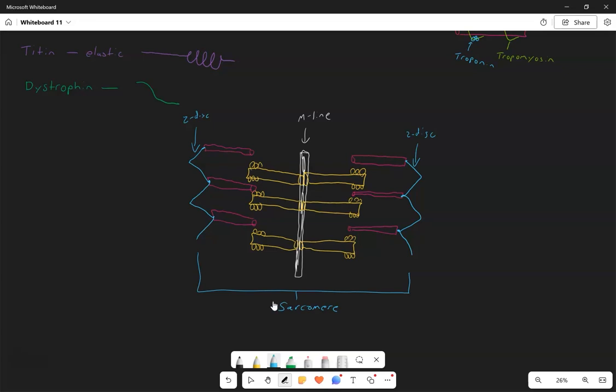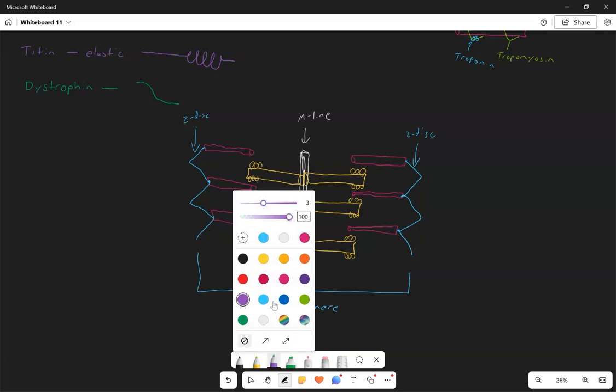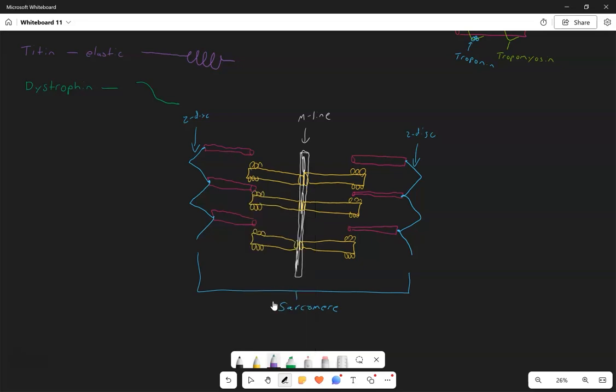Then we have, remember, our titin. This is our elastic filament, and it runs from the M line to the Z disc, like this. So remember, this is what's going to give our cell the elasticity.